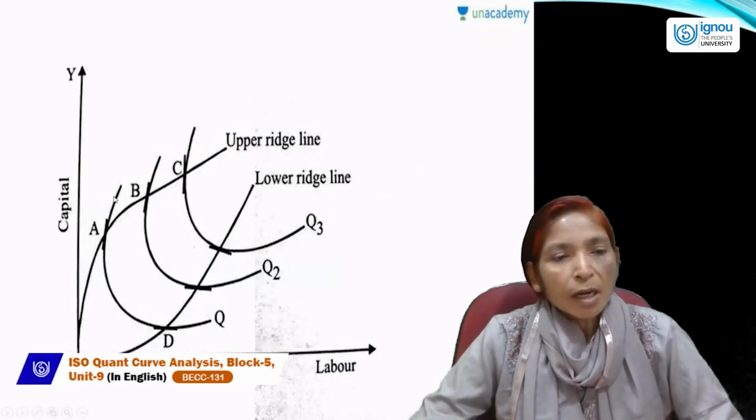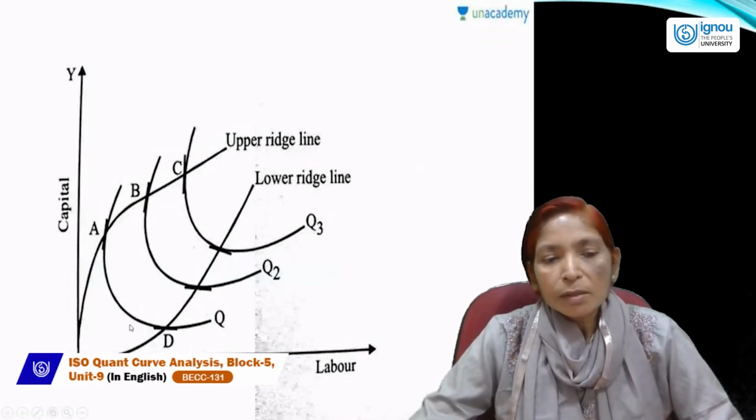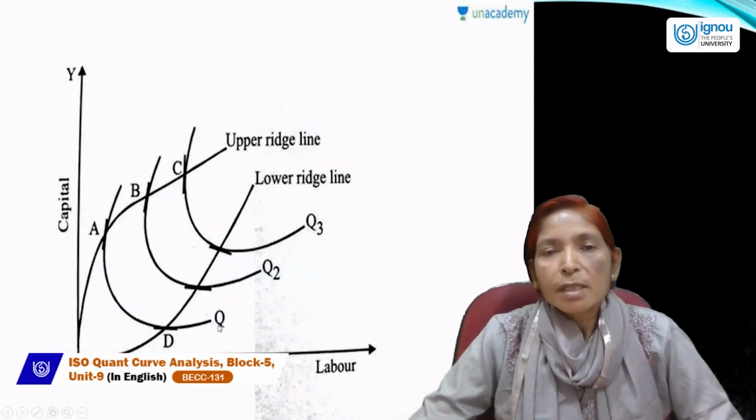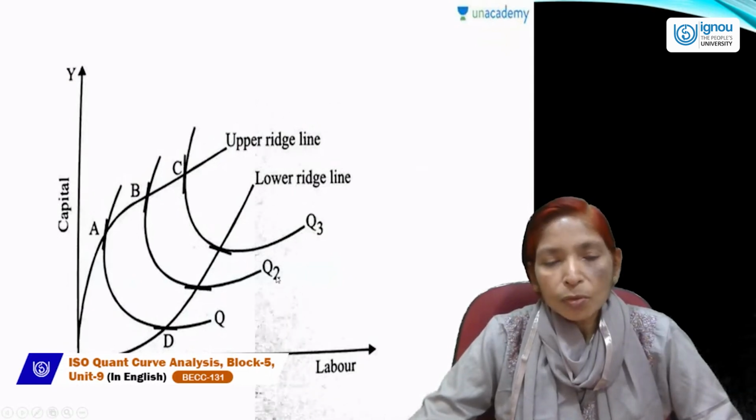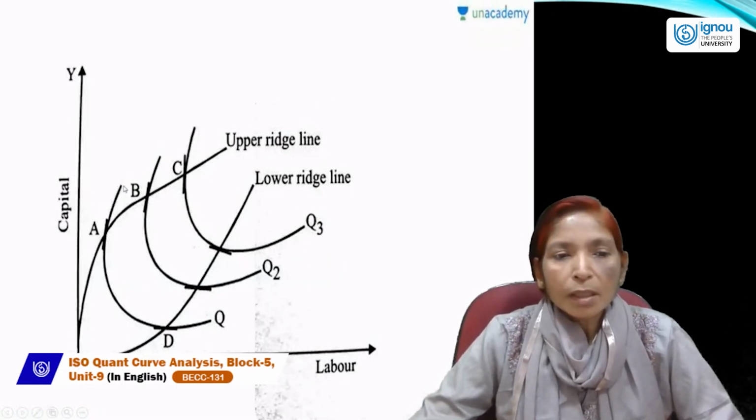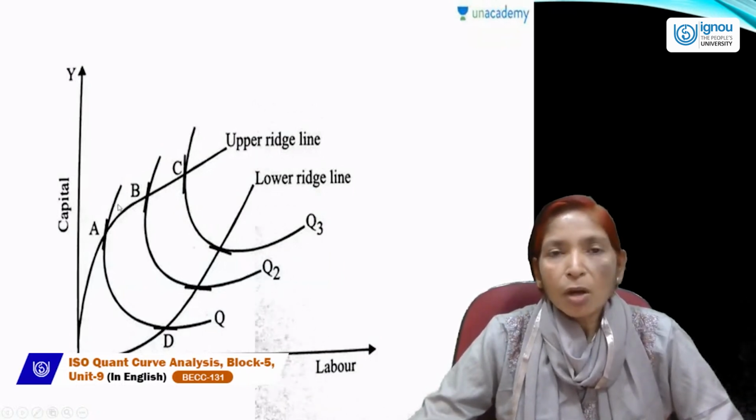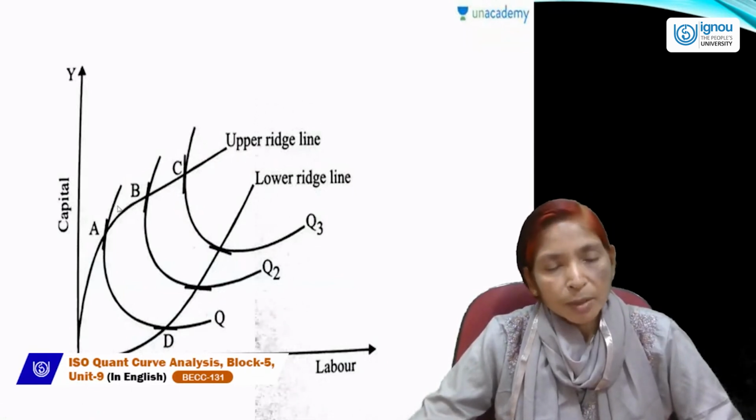And these three are isoquant curves, like Q: this is IQ1, IQ2, IQ3. And you know that the ridge lines show the economic region or profit maximization condition.